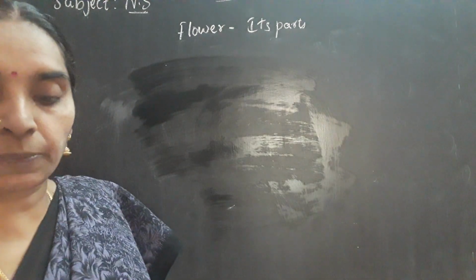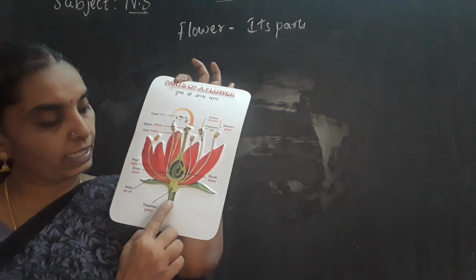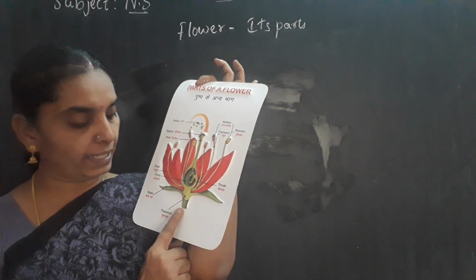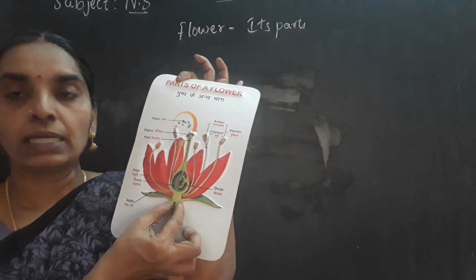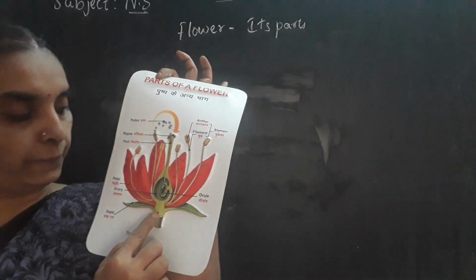If you see this picture here, you can easily identify the stalk of the flower. It is called pedicel, and the bulged part above the stalk is called thalamus.